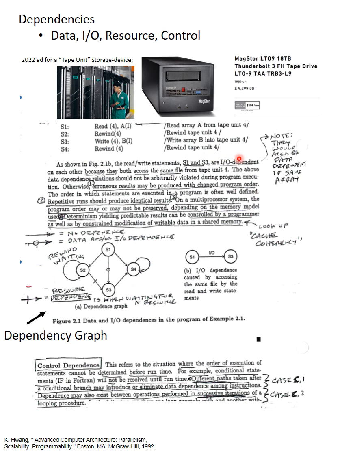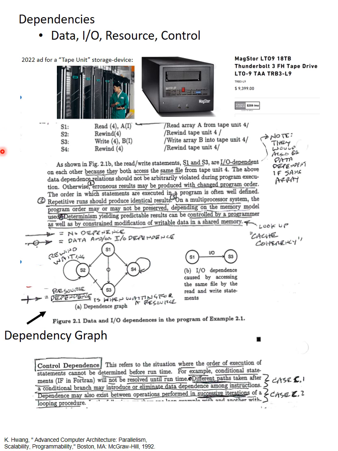They'd also be data dependent if they were doing the same array. There are different arrays that are reading into each. There'd also be a data dependence there if we were working in the same array.